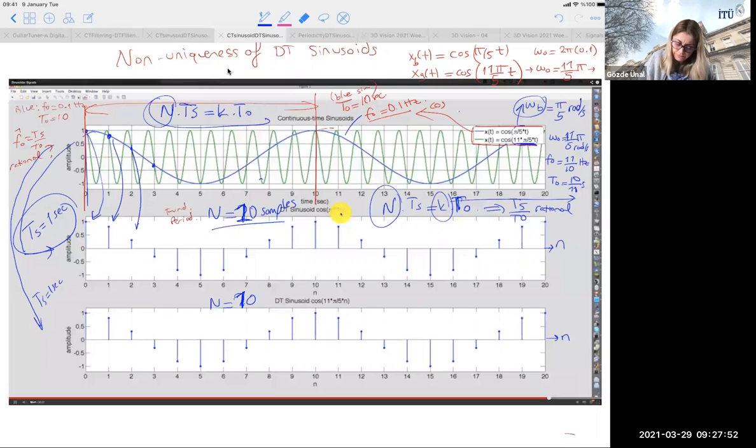So now we will do a sampling here. From the graph, we see that the middle graph is a sampling of the blue curve. You see it's written here, discrete time sinusoid cosine pi over 5 n.